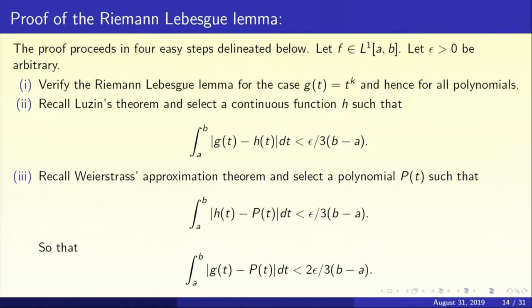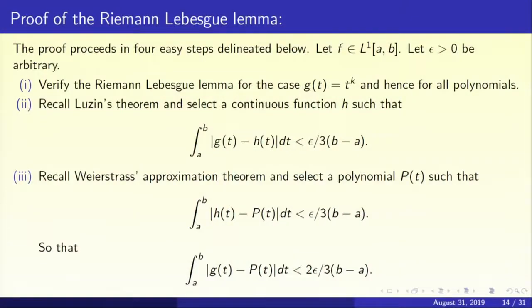Okay. Now take this continuous function h(t) and approximate it by a polynomial. The Weierstrass approximation theorem asserts that every continuous function on a closed interval can be approximated by a sequence of polynomials. So we pick a polynomial p(t) such that p(t) minus h(t) is small in supremum. So the supremum of mod h(t) minus p(t) is very small. If the supremum is small, then the integral is going to be even smaller.